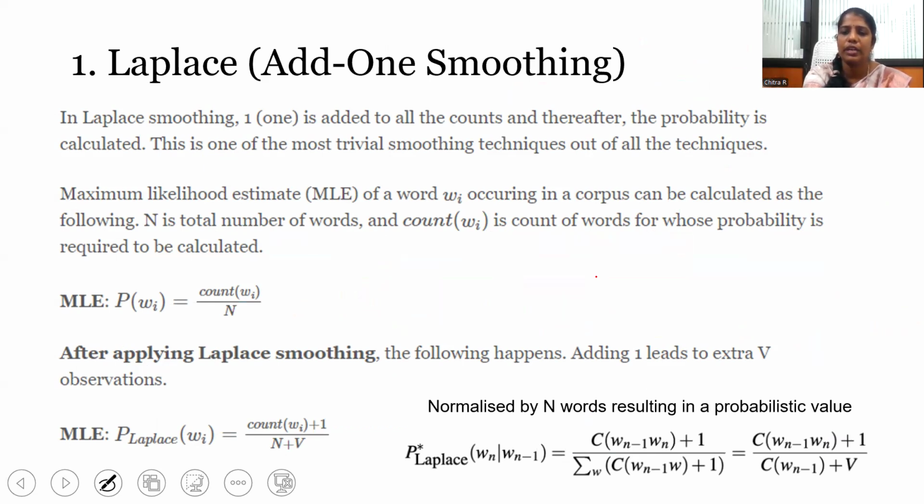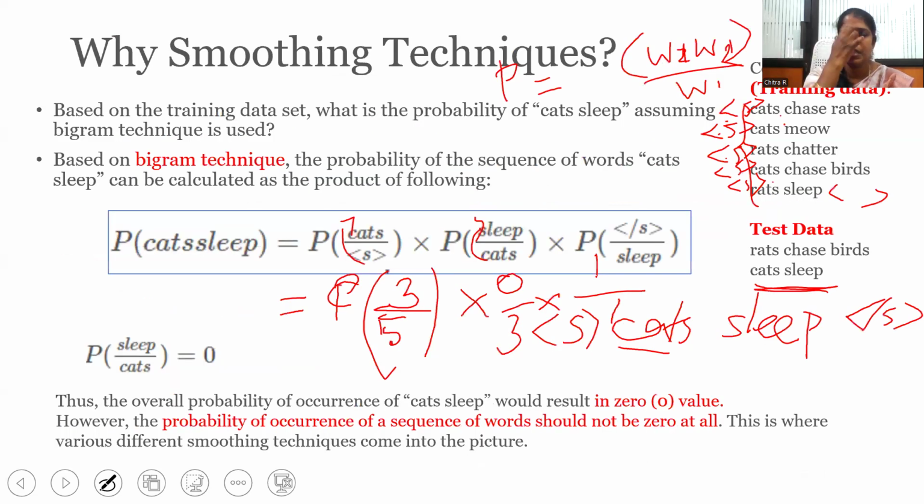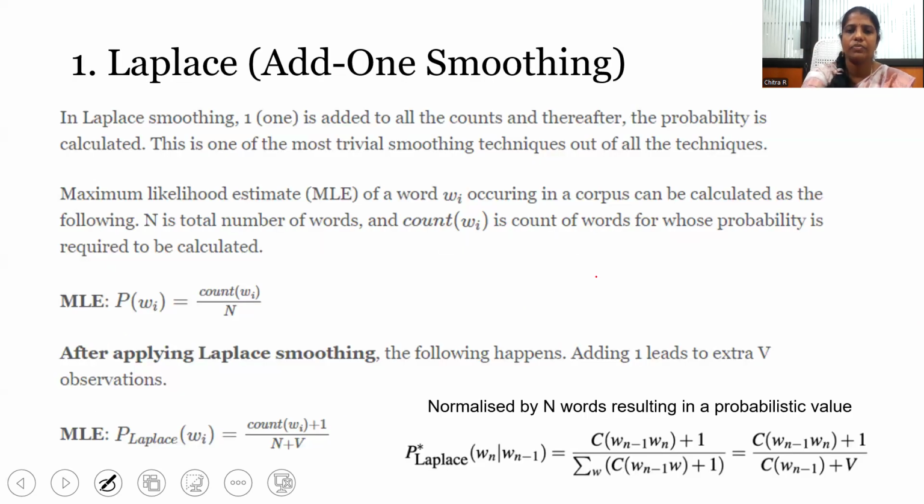That's the one and only difference in this probability. Here to find the probability, add 1 in each and every numerator, and add the entire word count in the denominator. In the previous slide, the probabilities are 3 by 5, 0 by 3, and 1 by 1.